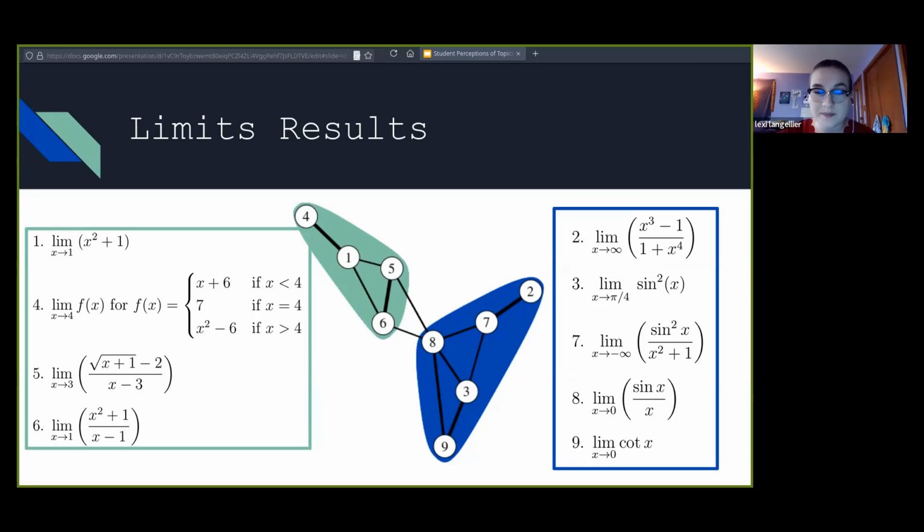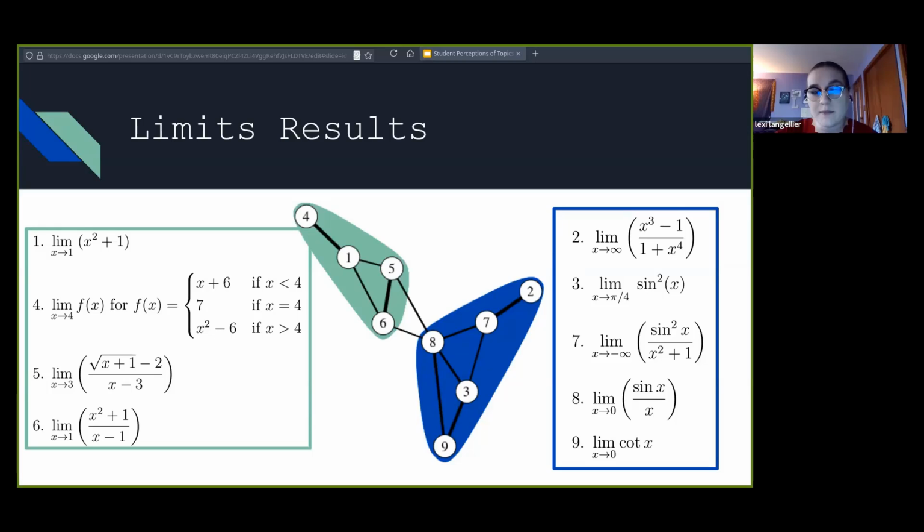So this one, it seemed to me chronological, based on when the students learned it. The left side, the green one, those were some of the first examples that students were taught, and then the right side, the blue one, those examples came later on. So they weren't really classified as existing or non-existing.